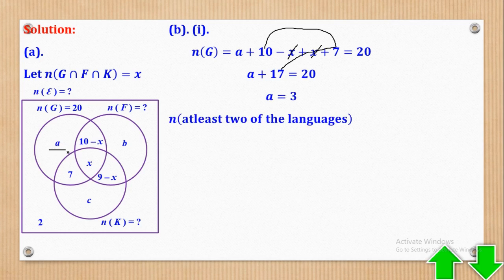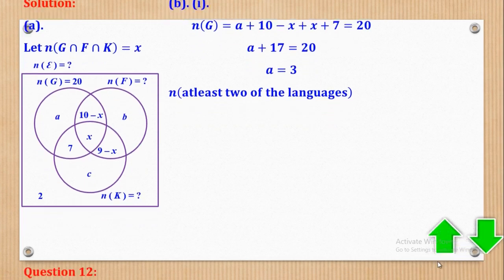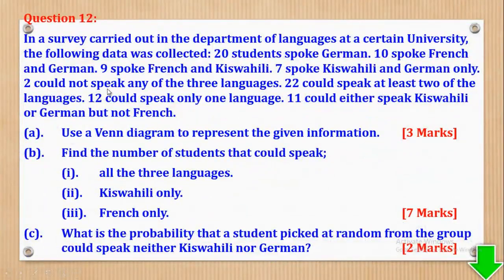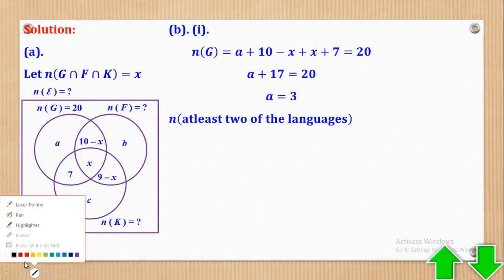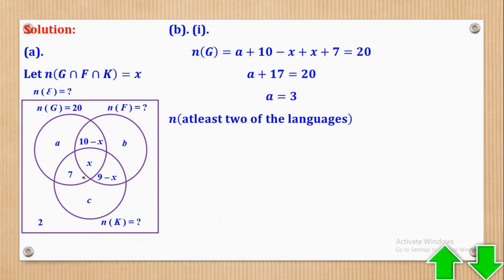So next is to use the information for those who spoke at least 2 of the languages. Remember, in the question we are given some information about those who spoke at least 2 of the languages. When you look at this, 22 could speak at least 2 of the languages. Now at least 2 means 2 or more. Those who spoke 2 and those who spoke 3 are equal to 22.